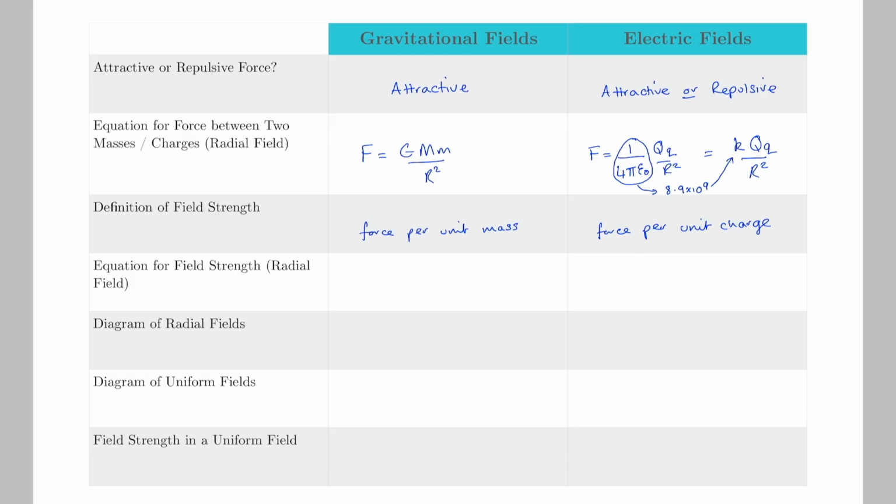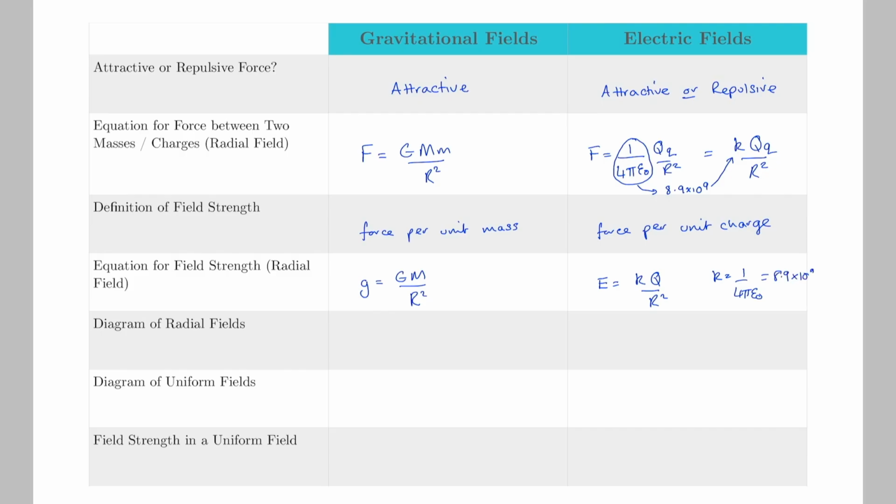The equation for field strength: the field strength is given the term g, small g, in gravitational fields, and the equation for field strength is G m over r squared, and that's for a radial field. For an electric field, the term for electric field strength is E equals k Q over r squared. And of course, please remember that k is equal to 1 over 4 pi epsilon naught, which is equal to 8.9 times 10 to the 9.